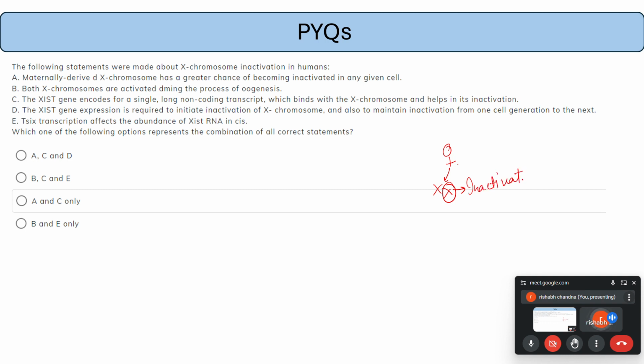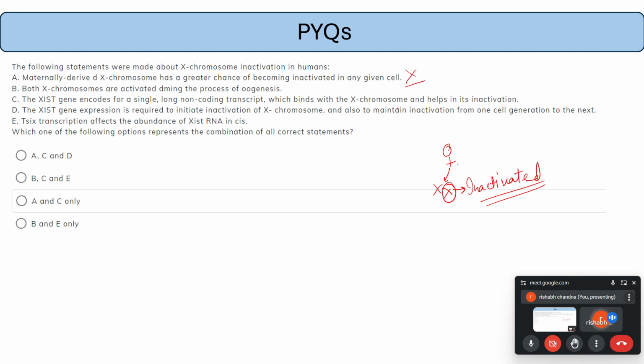This is a random process. It's not the case that the maternal chromosome or paternal chromosome will be inactivated. So it's a random process. So the first option states that the maternally derived X chromosome has a greater chance of becoming inactivated in any given cell. So this option is false.